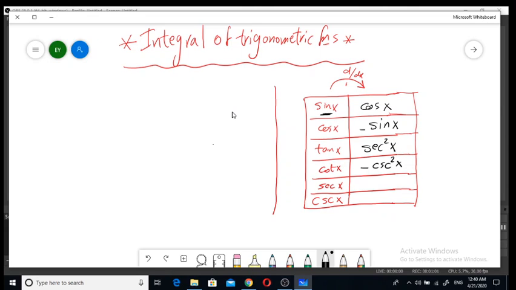And the derivative of sec x is equivalent to sec x tan x. And the first derivative of cosec x will give us negative cosec x cotan x.